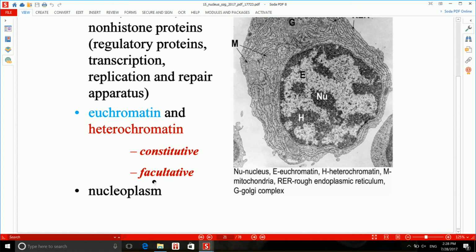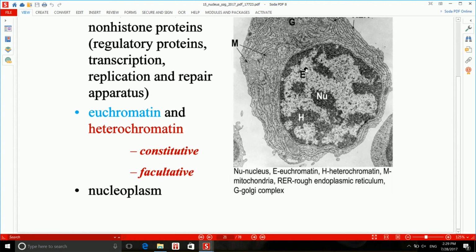Because as you know, we have all of our genes in each and every one of our cells. But the thing which makes these cells different is which parts of those genes are getting transcribed and which parts are on and which parts are off. And facultative heterochromatin is an important aspect of that.